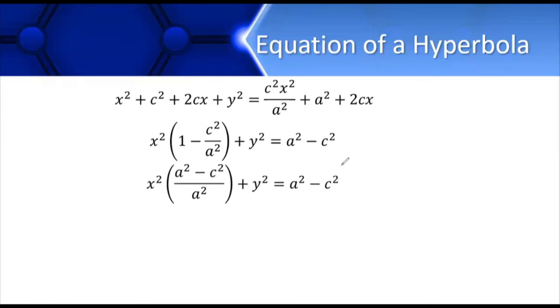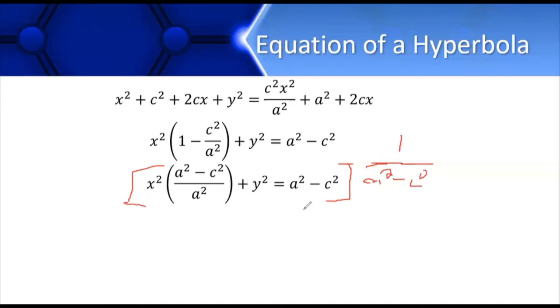So, ibig sabihin, pwede natin siyang i-multiply, gamit tayo ng multiplication property of equality with a square para ma-eliminate itong a squared minus c square. No? Yan. So, ibig sabihin, magiging 1 na ito. I rather multiply natin with 1 over.